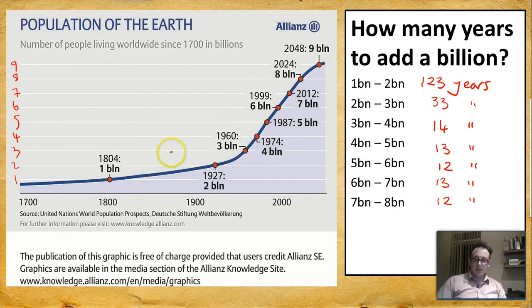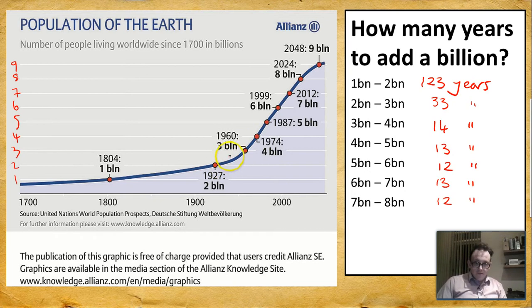What this shows us is that as the world's population gets bigger, the rate of growth increases. How long it takes to get to the next billion gets quicker, and this is what we call exponential growth. As the world's population gets bigger, the time it takes to get to the next billion gets shorter. The world's population is increasing quite rapidly.